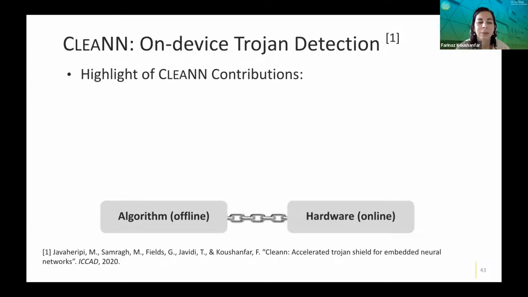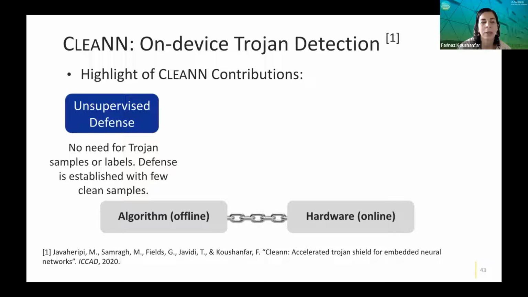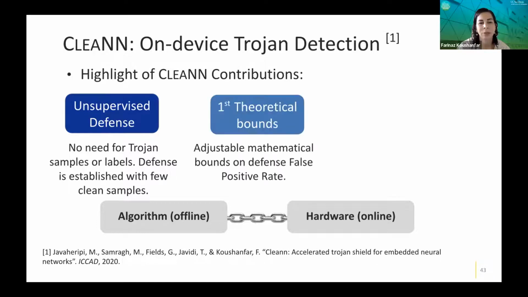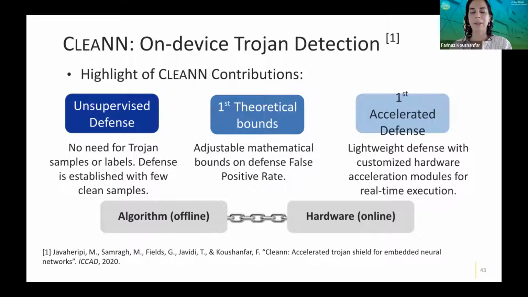So it's really online, on-device Trojan detection. It's an offline algorithm with online hardware. It's an unsupervised defense. We don't need clean samples or Trojan labels for the samples. The defense was established with few clean data samples. We provided some theoretical bounds on the false positive rate, and it was the first time an accelerated defense was introduced.